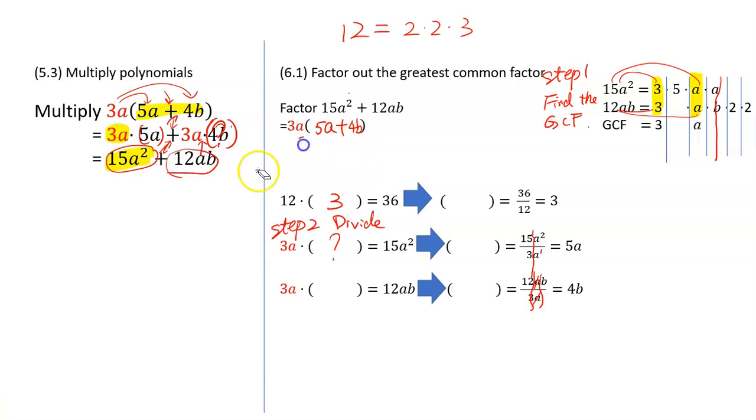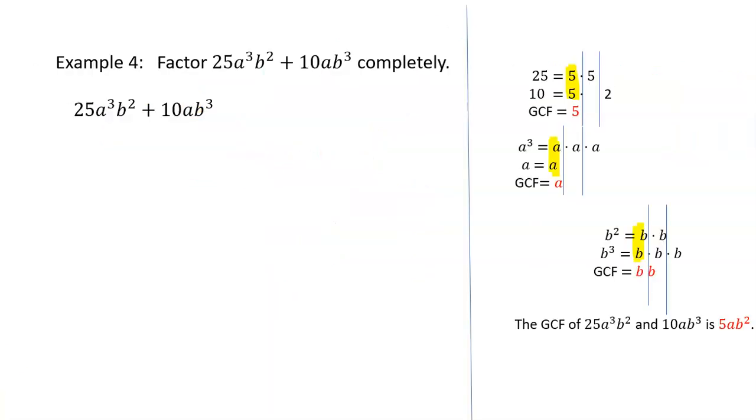So let's look at another example. So in this case, first we look for the GCF, and notice that you may have to do this if you cannot see the answer directly. Break down 25, break down 10. Actually, this time I did something a little different. So I look for the GCF of 25 and 10. Again, if you can see the answer is 5, you don't have to do this. Okay.